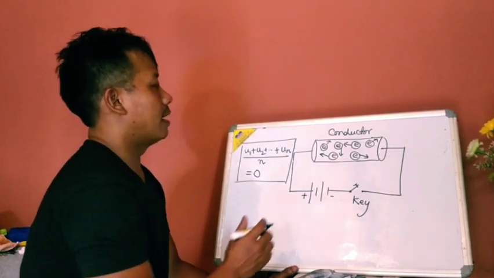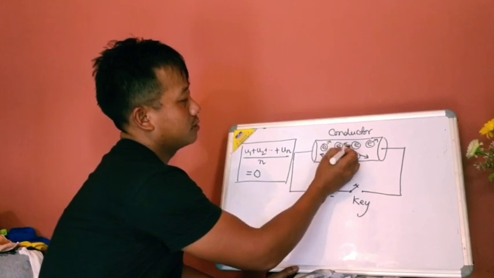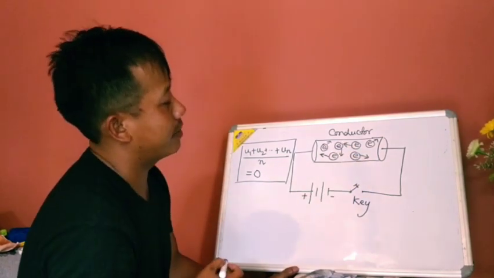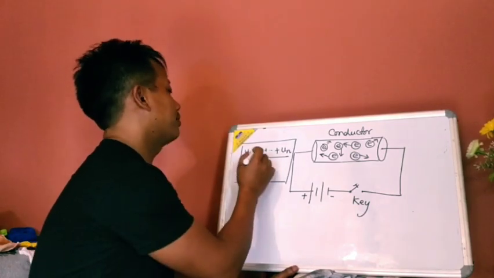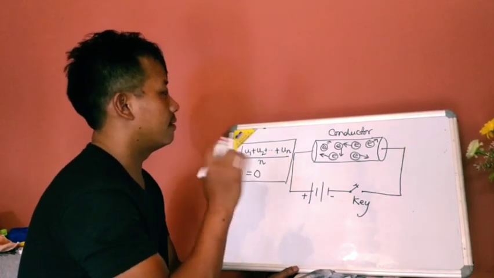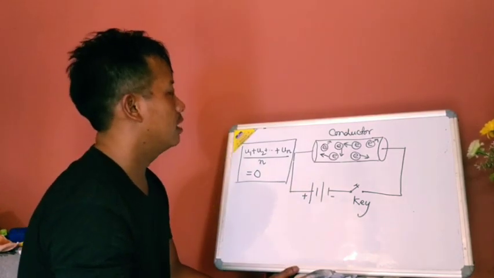Because among the electrons there might be some which are oppositely directed, so their velocities cancel. The average velocity becomes so small that we can neglect it.